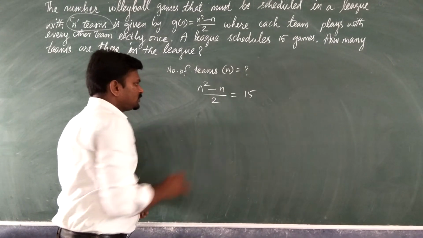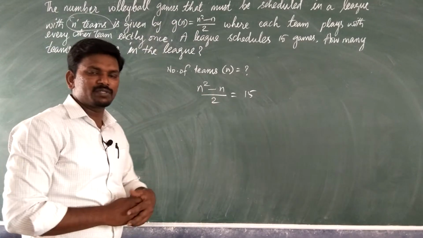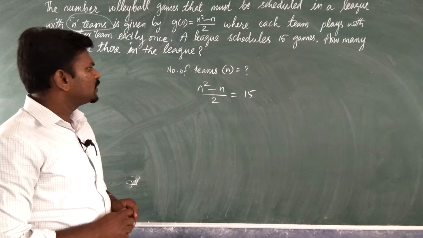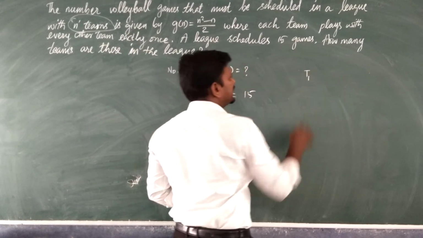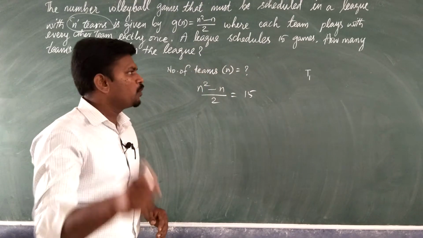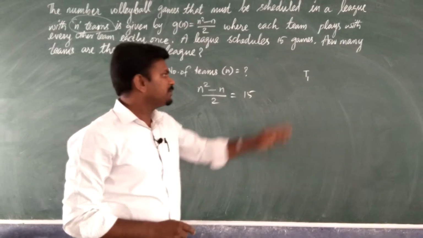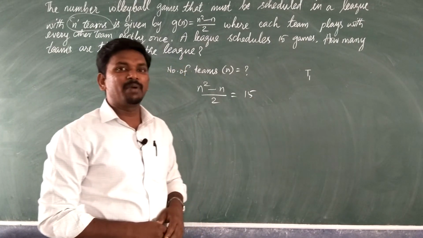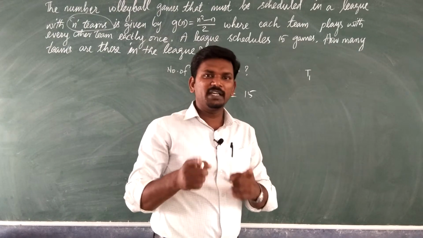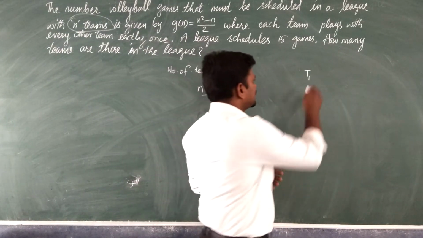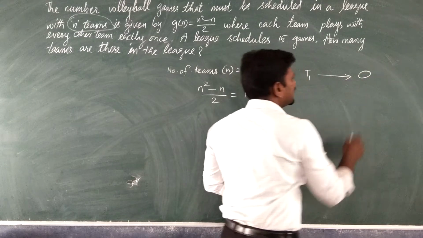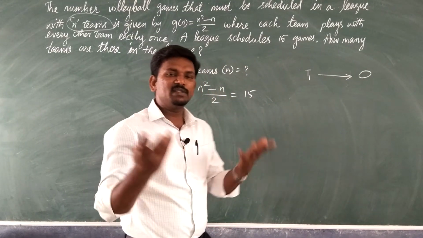Before we solve this question, I will explain. Imagine if there is only one team. How many matches can it play? It cannot play any game because there is no opponent.